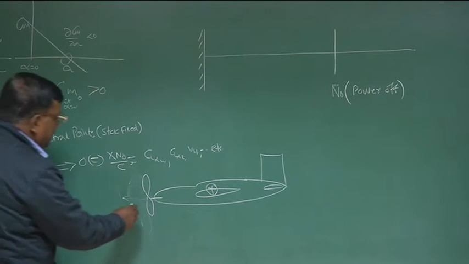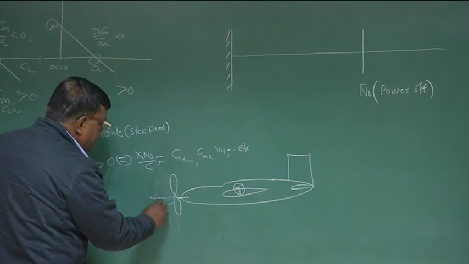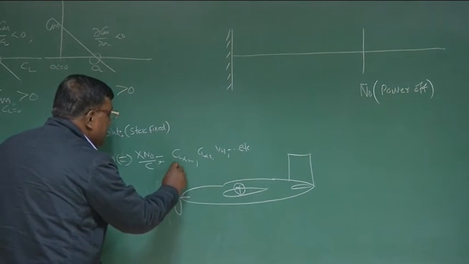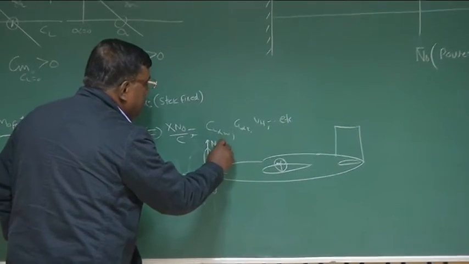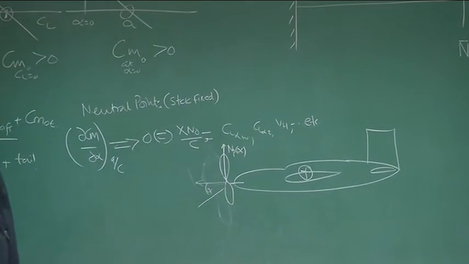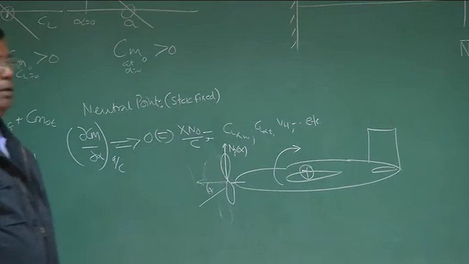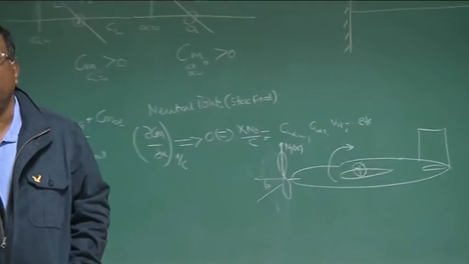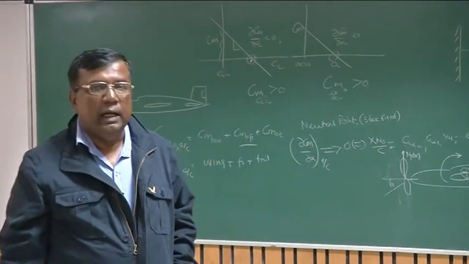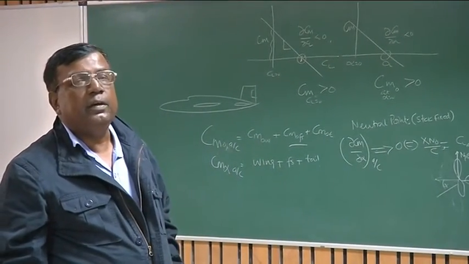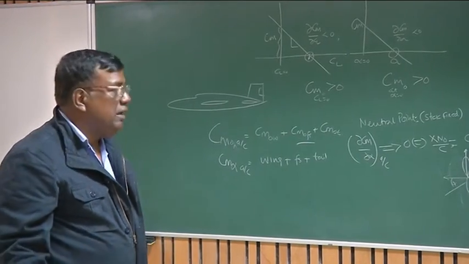Why? We also argued if there is a disturbance alpha, then some momentum exchange will be here, the normal force, which will be a function of alpha in general. And this about CG will give a nose-up moment. And you know, for a positive alpha, any component which gives a nose-up moment adds to make the aircraft unstable, or it has a destabilizing effect.